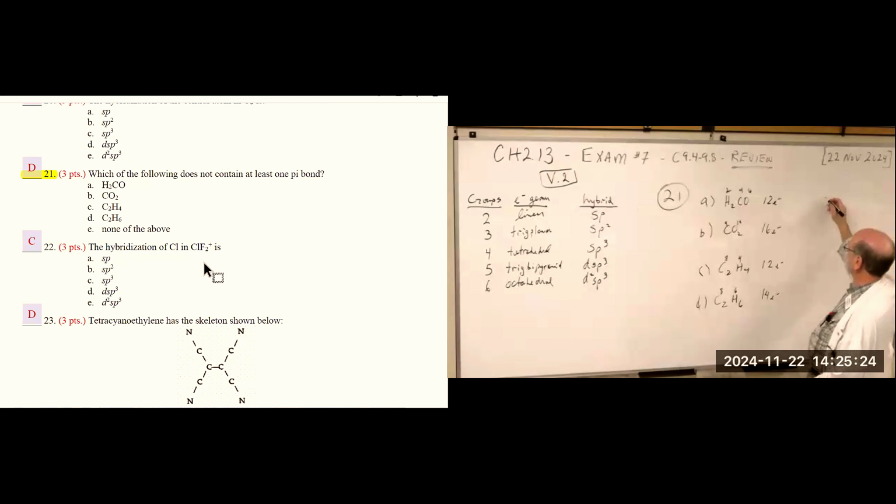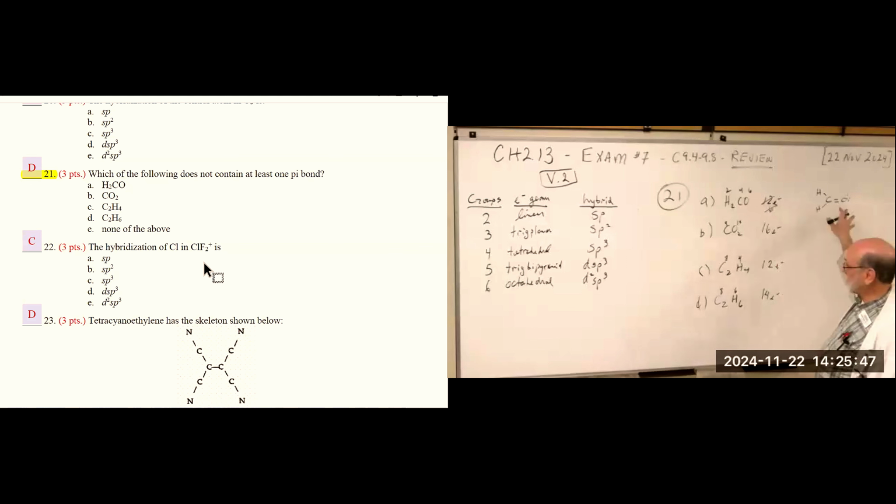Carbon's in the center, oxygen, and then hydrogens. 2, 4, 6. So that means 6 electrons left over. 2, 4, 6. Right. Now, we got to make an octet around that carbon. So we're going to take that. That's a pi bond. Right.